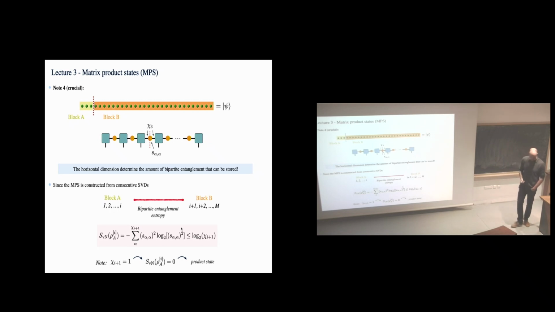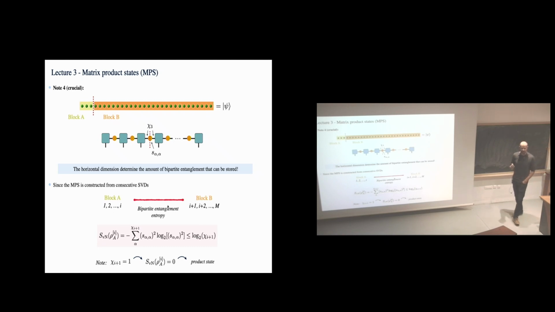Again, the scenario from before: I'm going to call them bond dimensions now. If I set all of them to 1, then really the entanglement entropy for all of the bipartitions that you can do in your system is going to be limited to 0, and you're going to restrict yourself to product states again.